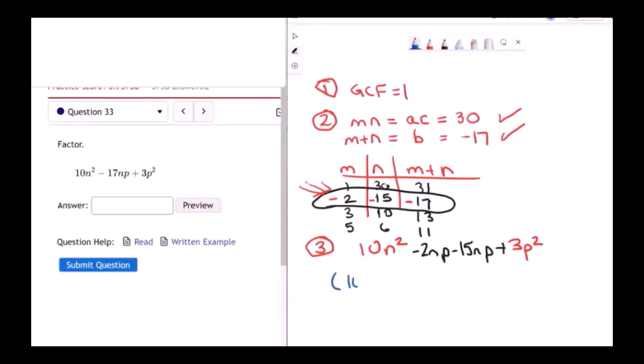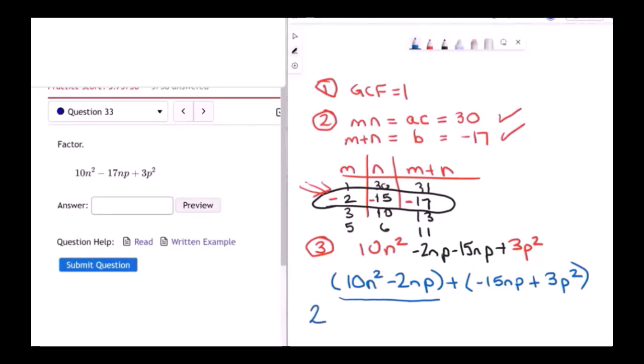I'm going to group the first two numbers together. Remember I said always put a positive between them, didn't I? Yes. In the first group, what's my greatest common factor? 2. Something more. Letters also.